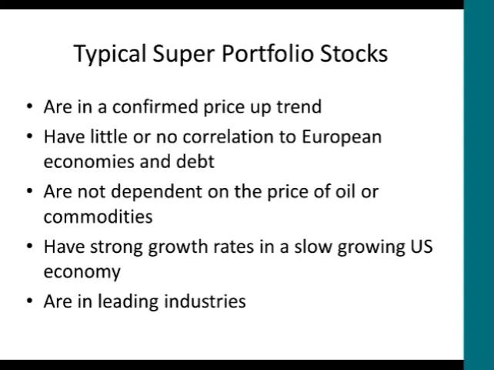They're not dependent on the price of oil or commodities, and they have strong growth rates despite the slow-growing U.S. economy. So these stocks have been performing well in general this year, despite all the problems in the world economies and in the U.S. economy. So these are leading companies that are doing well regardless.